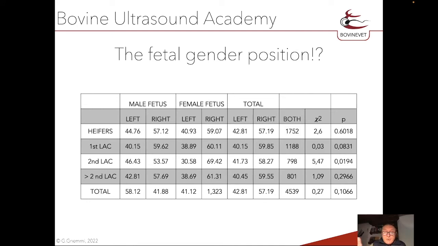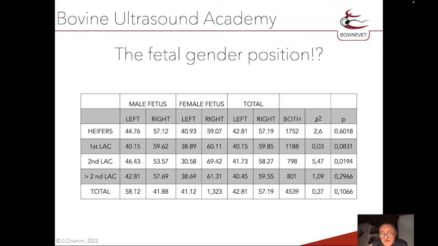Well, another question, the last question: is there a different probability of gestational losses by sex of the fetus because of its position, right or left? No, there is no scientific evidence for this hypothesis. A few years ago, it was proposed that more males were born on the right and more females on the left.